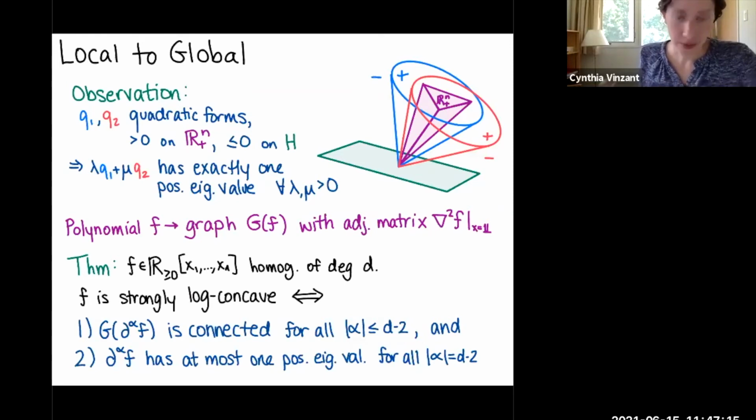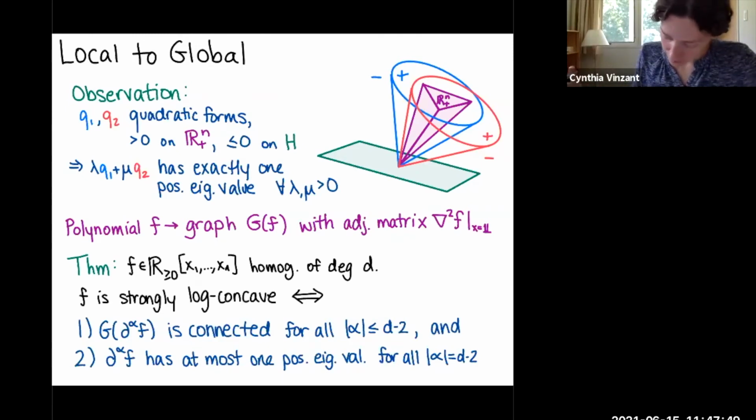And also that whenever you take derivatives of a polynomial down to a quadratic, if the polynomial is degree d, you take d minus 2 derivatives, then that quadratic polynomial as a quadratic form should have at most one positive eigenvalue. This is really an if and only if for strong log concavity.